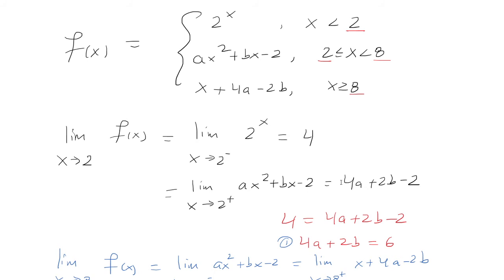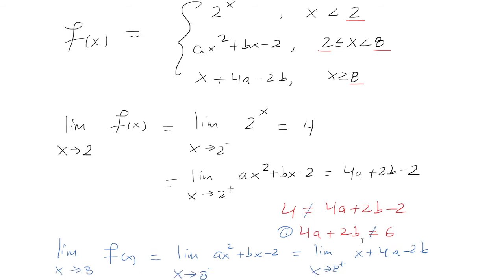Now, we want to find values of a and b that make f continuous everywhere except 2. So we don't want the left-hand limit and the right-hand limit to be equal for x approaching 2.